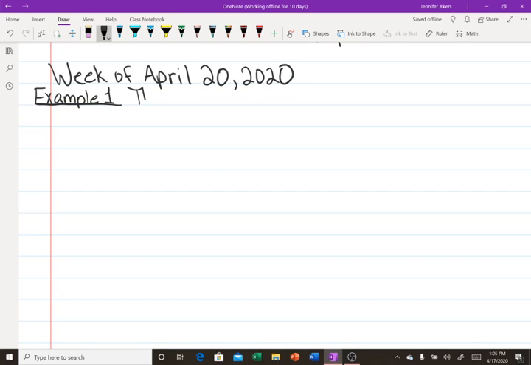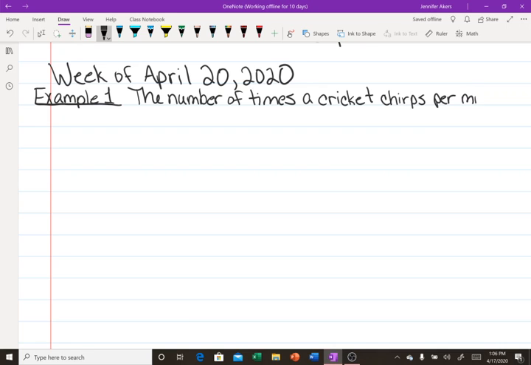The number of times a cricket chirps per minute depends on the temperature.